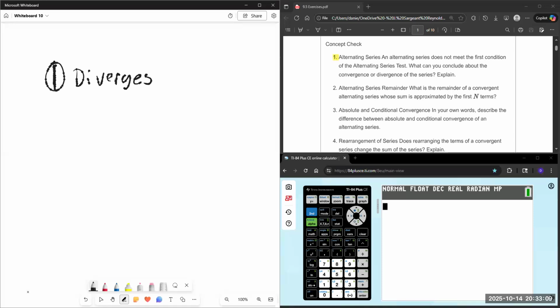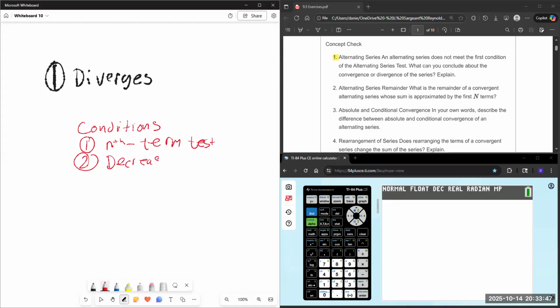So what are those conditions? Ignoring the sign changer portion, condition 1 is that it passes the nth term test. And condition 2 is that it is decreasing.